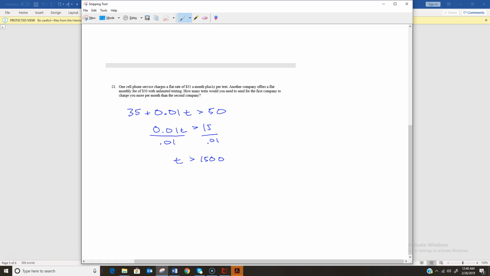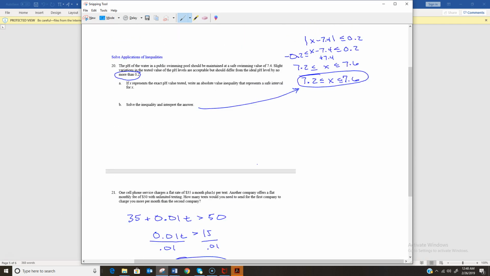So you just would have to know how much texting you do to know which one is going to save you money. The nice thing about this one is you wouldn't have any surprises. It's $50 and it never would change, never would go higher. Even though the other could maybe sometimes go lower, it also would never go higher.